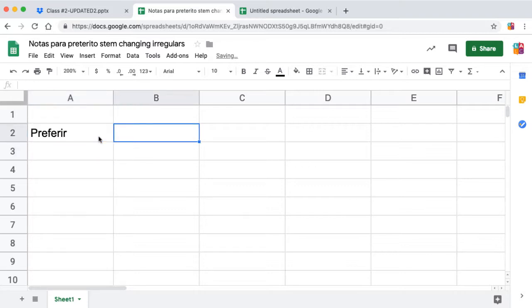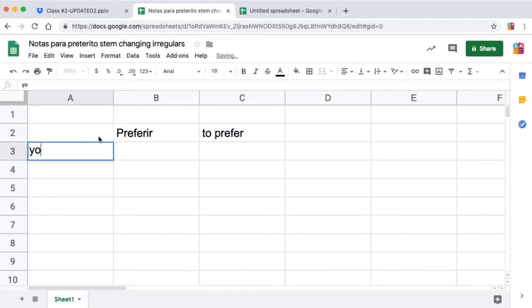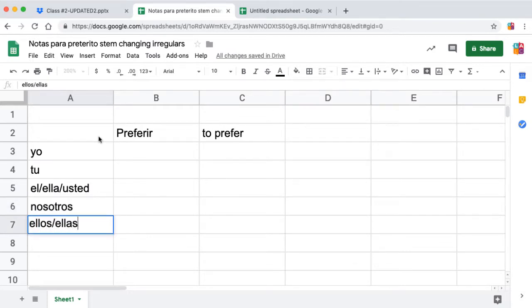Preferir is to prefer, okay? So which were the pronouns? Yo, I, tú, él, ella, usted, you formal, nosotros, we, ellos, they masculine, ellas, they feminine, and ustedes, you all, or you guys.